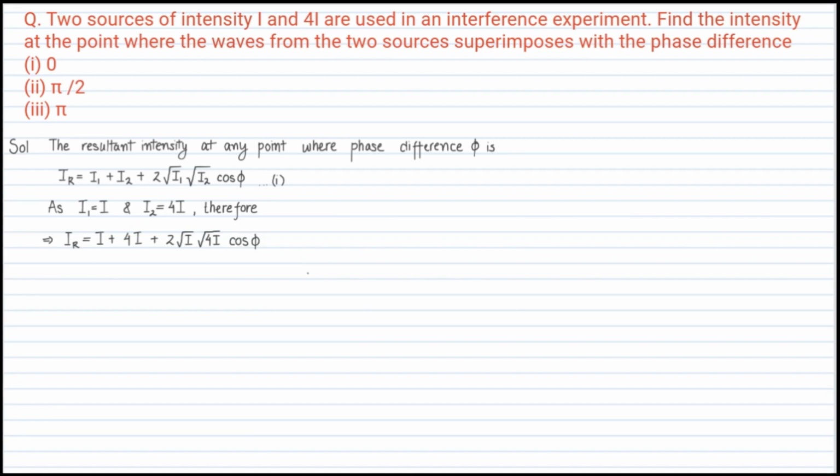So this I plus 4I will be 5I, and here this 4, if I write this out of the square root, then it will become 2, and 2 times 2 will be 4, plus here you have root over I, here you have root over I. So square root of I times square root of I will give you I, times your cos phi.